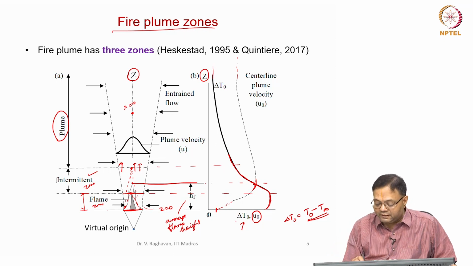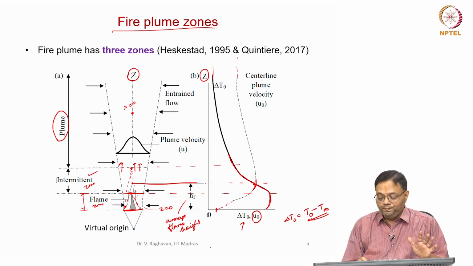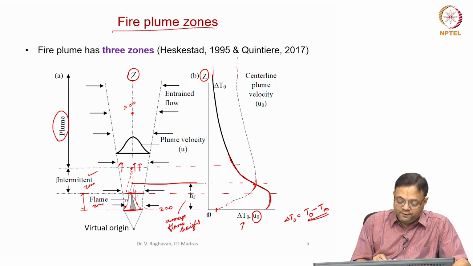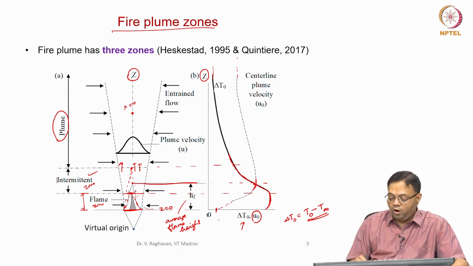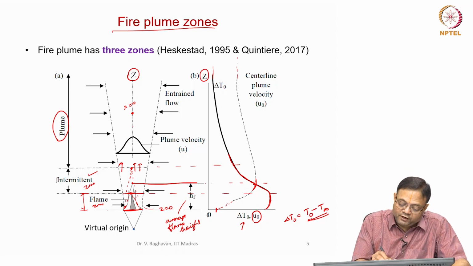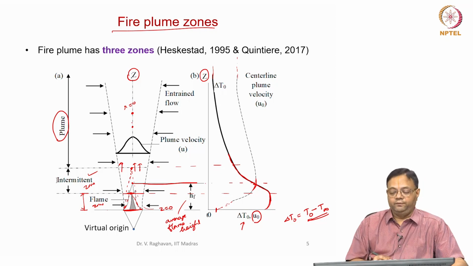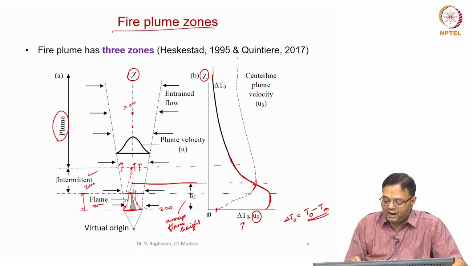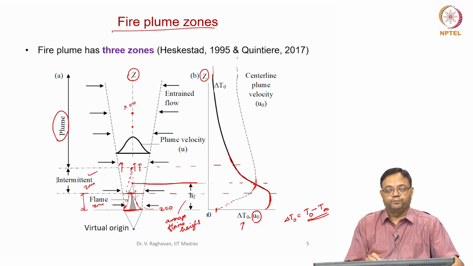This is about the temperature difference. So, we have seen the variation. This is not lateral variation, please understand; this is the axial variation of the center line velocity. Similarly, we have seen the axial variation of the temperature.